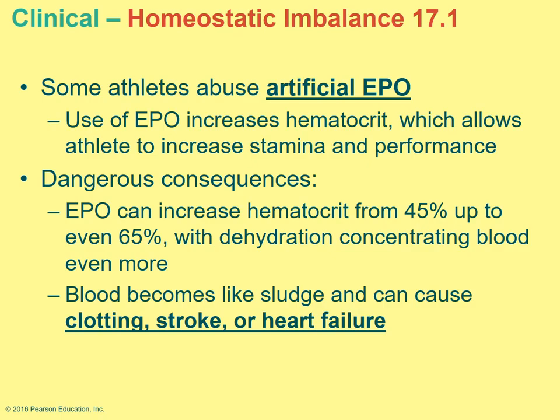You can increase that hematocrit way up, but oftentimes you're going to be concentrating that blood even more. The blood's going to become very viscous and, like I say, sticky, almost like a sludge, where it's not flowing well. You want it to be flowing very easily through the blood vessels.